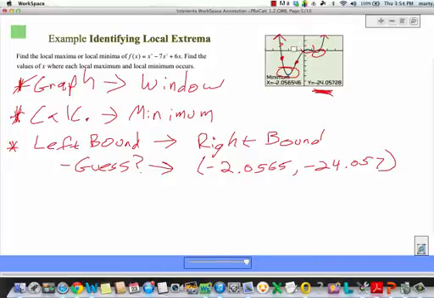Okay, you're going to repeat the process. So now you need to find these locals. So you're just going to go back to calculate, and now you're going to do a maximum here, and you're going to surround it. So get the spider so it's like over here, and it'll give you the high point. And then you're going to do another one, calculate and minimum, and now we're going to get it surrounded here.